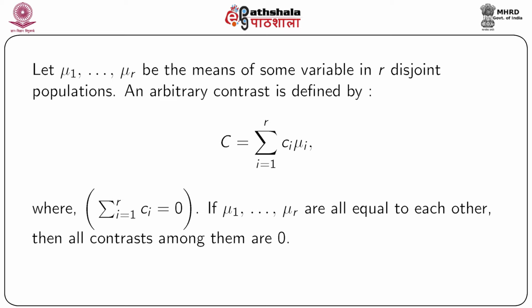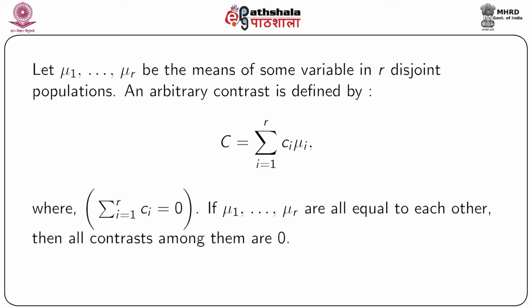Technically, there are infinitely many contrasts, as you can see, depending on the different combinations of c_i that we can take. Keeping in mind the constraint of summation of c_i equals 0, we can have innumerable possibilities of defining a contrast. So the simultaneous confidence coefficient is exactly 1 minus alpha, whether the factor level sample sizes are equal or unequal.